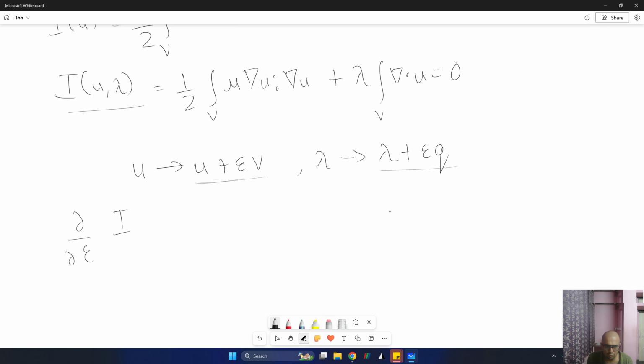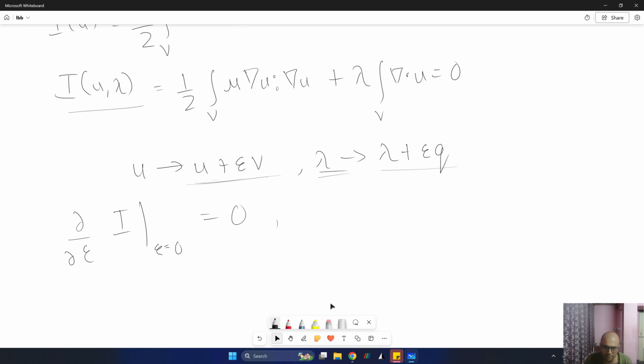So first we'll do one perturbation, and then we'll do another one, and we'll see the partial derivative, the directional derivative, right? The partial derivative with respect to epsilon at epsilon equal to 0, and with this perturbation we should get a value of 0, and again with this perturbation we should get a value of 0, right?